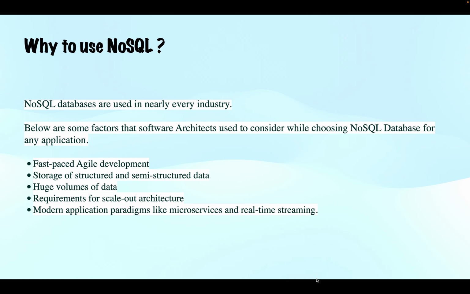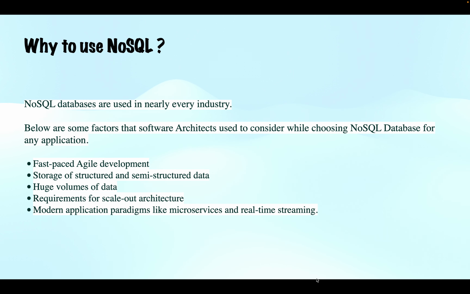The next thing is why we should go for a NoSQL database. Again, whenever we develop any kind of application, we must have some database. Now the question is which database you should go for, SQL or NoSQL. It all depends upon the requirement.